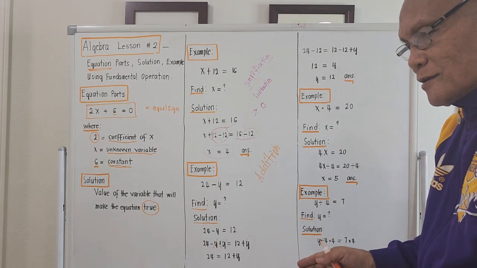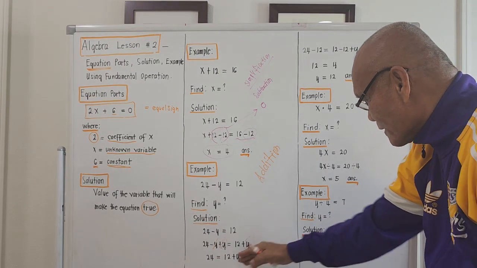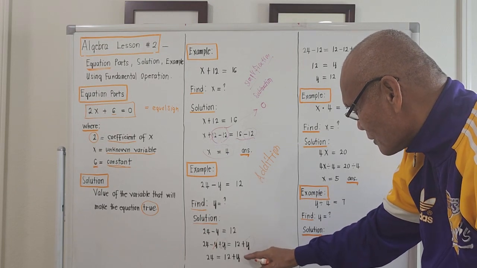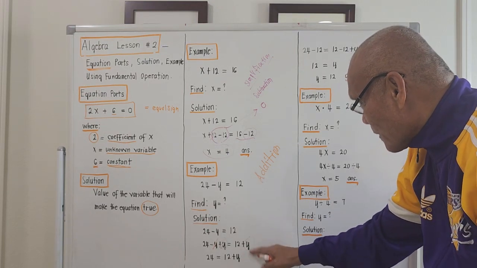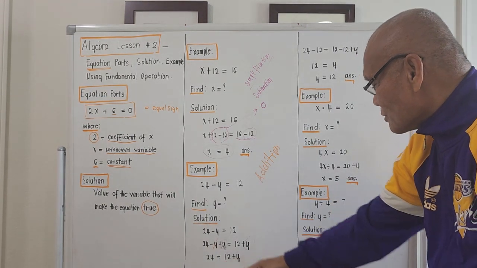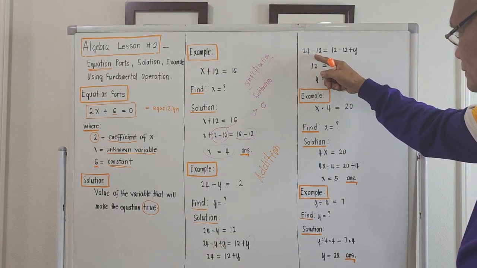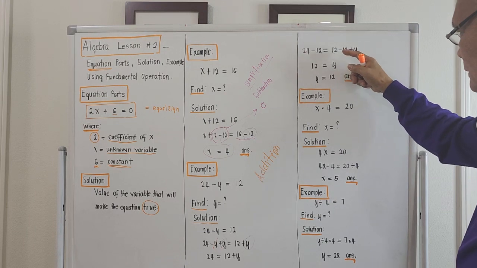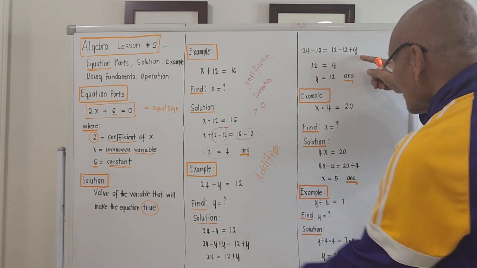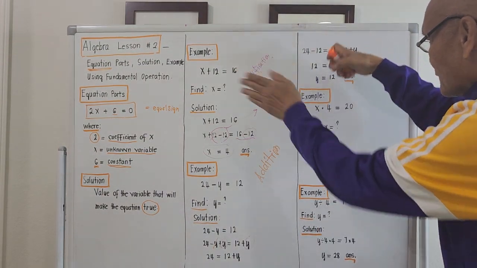We are not yet at the final value of y because there is a component on the right hand side which is adjacent to y, and we are only interested in the value of y. So to compute for y, I must eliminate this 12 here. What I will do is 24 minus 12 equal to 12 minus 12 plus y. To eliminate this 12, I must subtract 12, but I must place it on the left hand side too.